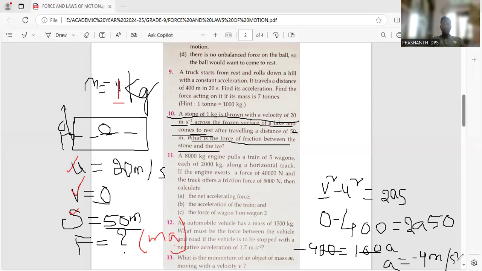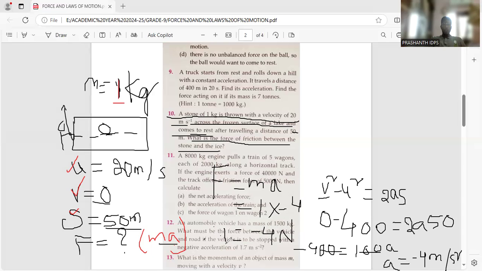And now you substitute this value in the formula. What is the formula? We need to find force, right? The force formula, F is equal to M into A. In place of M, mass is already given, 1 kg. So I'll write 1 into the acceleration, minus 4 meter per second square, which is equal to minus 4 Newton.